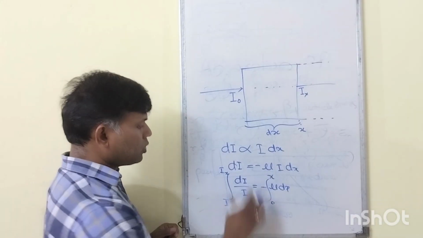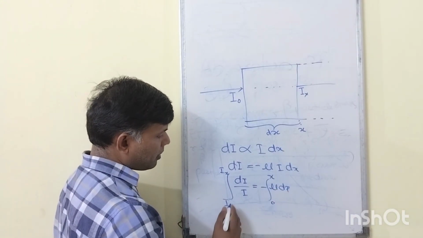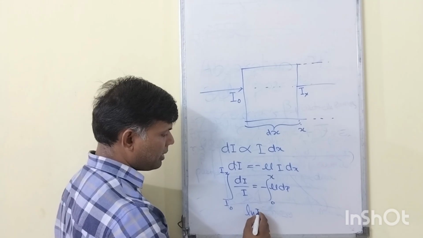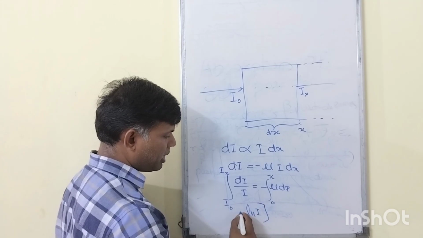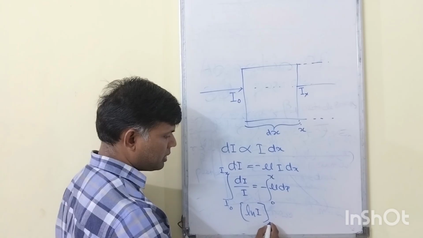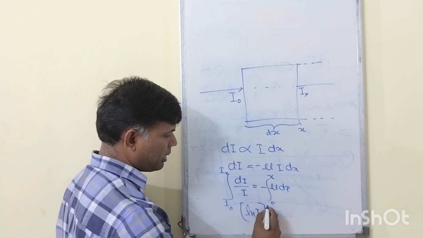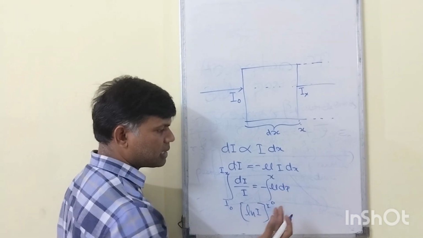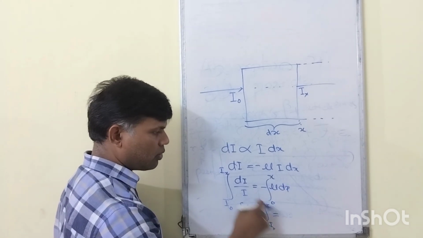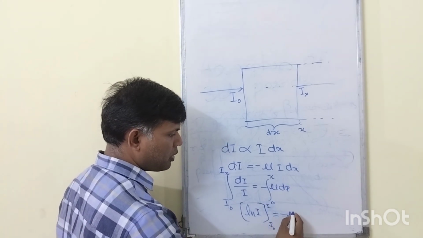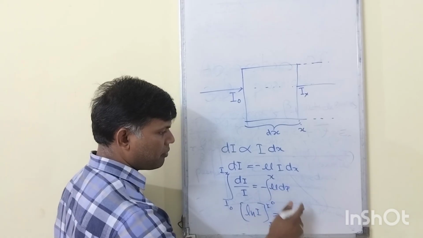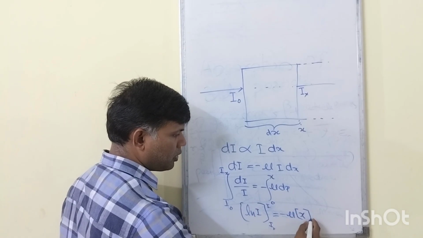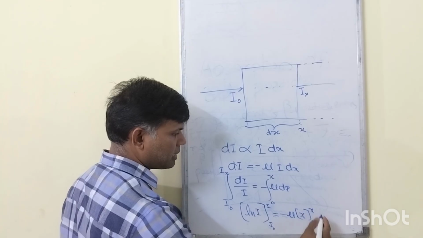So dI by I integrates to ln I, natural logarithm of I. You put the limits I0 to I equal to integration of dx. Mu is constant, you take it out, so minus mu into the integration of dx, which is x, with limits from 0 to x.